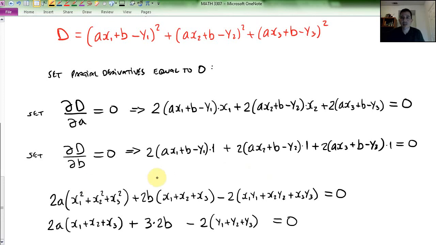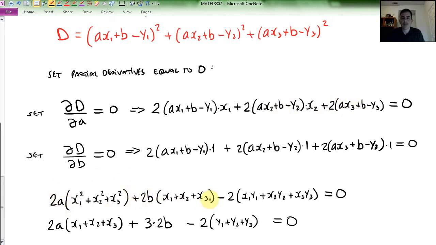And here it is. If you collect all terms, x1 times x1 is x1 squared, so it would be 2ax1 squared, and then 2ax2 squared, 2ax3 squared. Combine all of that, here it is.